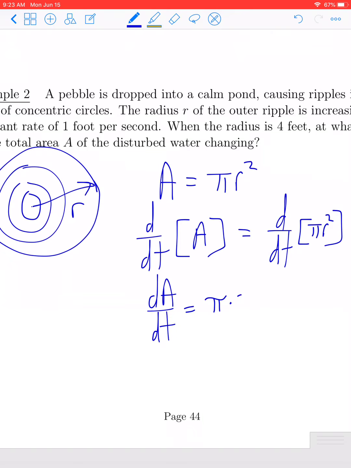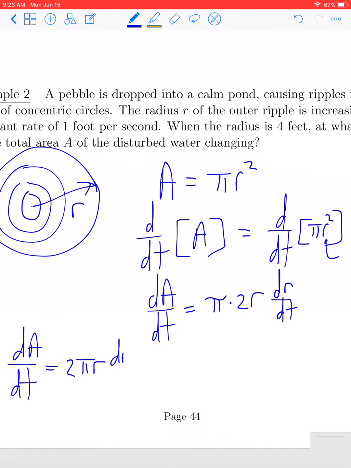Derivative of r squared we know is 2r, but because r is a function of time, r changes when time changes. From the chain rule, we need to multiply by the derivative of the inside function. The derivative of r with respect to t, we call that dr/dt. So we have that dA/dt is equal to 2 pi r dr/dt.